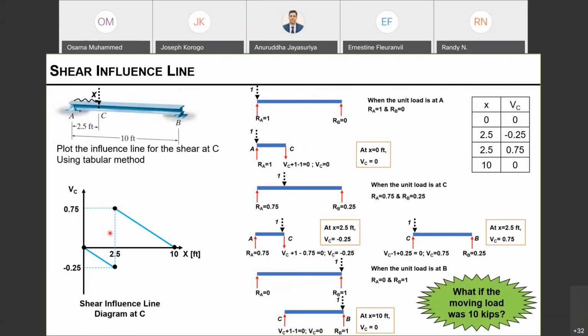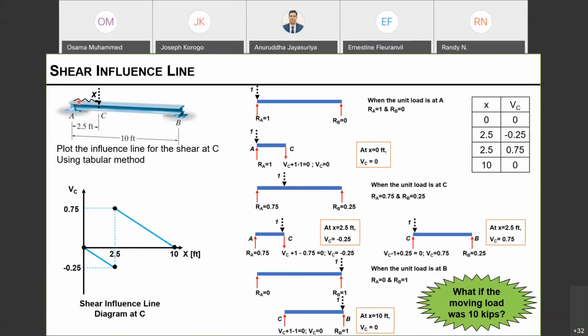For example, let's say I want to see the maximum shear at this location when I move a concentrated load of 10 kips. The 0.25 is not the maximum, because the 0.75 gives the higher magnitude. So this will be the influence, 0.75.